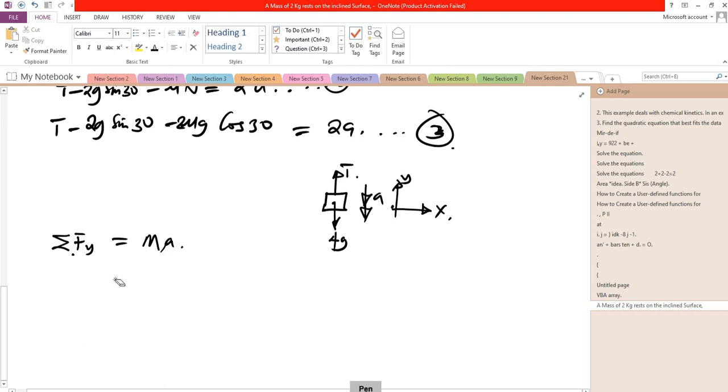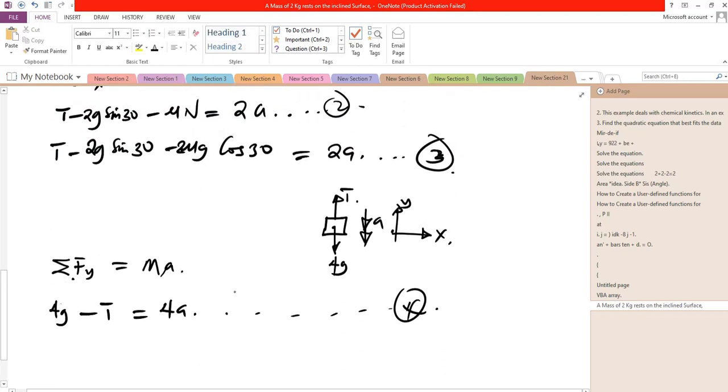So now, since it's moving down, I will now have 4g minus T equal to 4a. This should be equation 4.